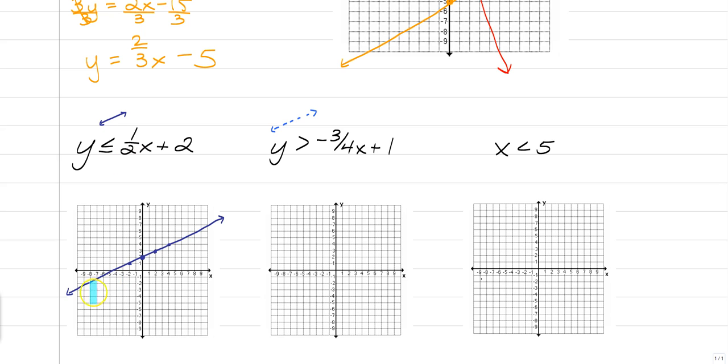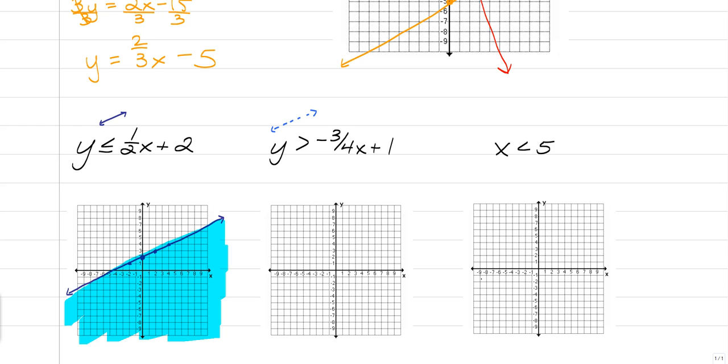So anything on this line is equal, but if y is less than or equal to this line, then here's where y is greater than, because y goes up as it increases, but y goes down as it's less. So if y is less than this, all you have to do is shade below that line. Okay? So that's how you graph an inequality.